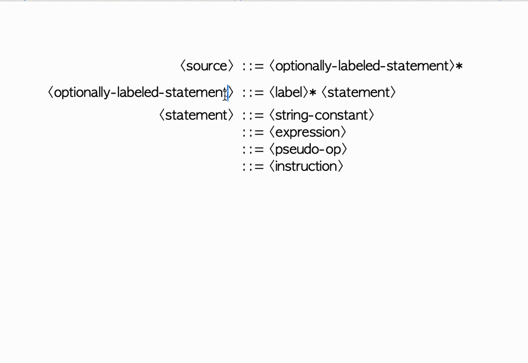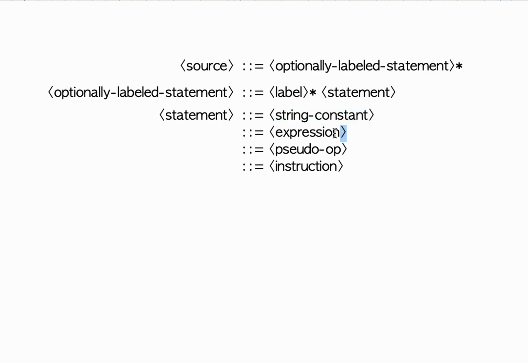Each optionally labeled statement has 0 or more labels followed by a statement. So it would be okay to have more than one label for a given statement. And then each statement can be a string constant, which would produce object code.